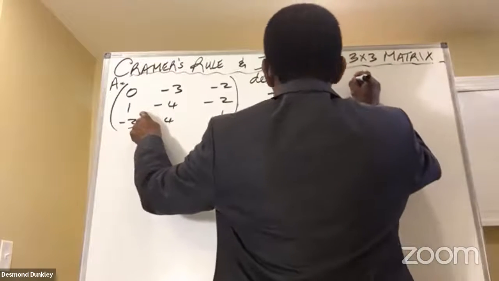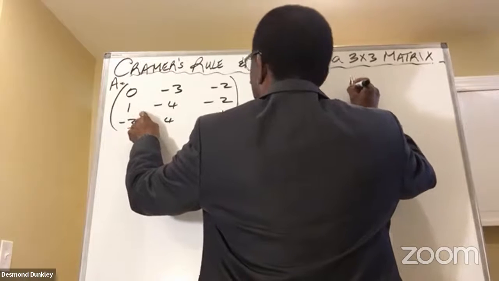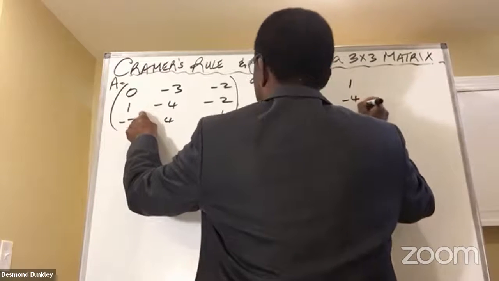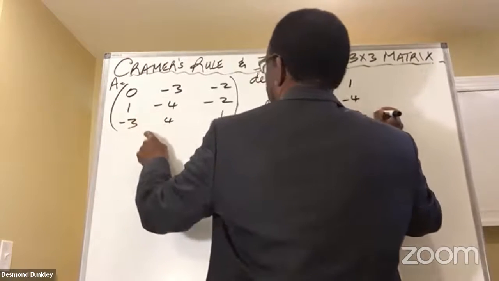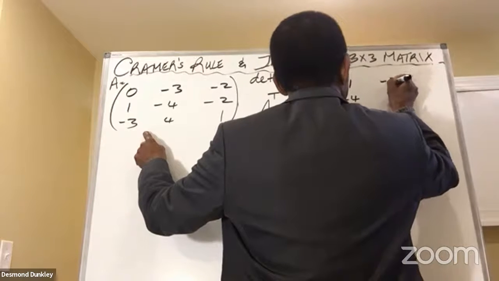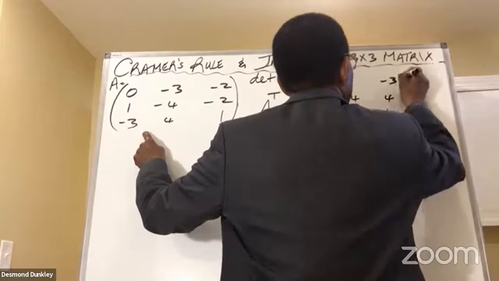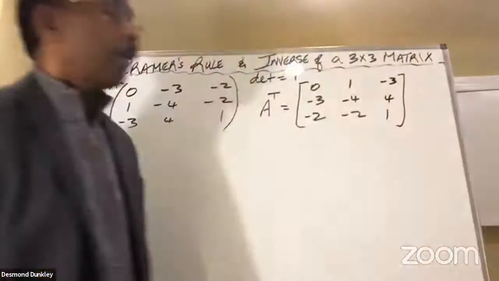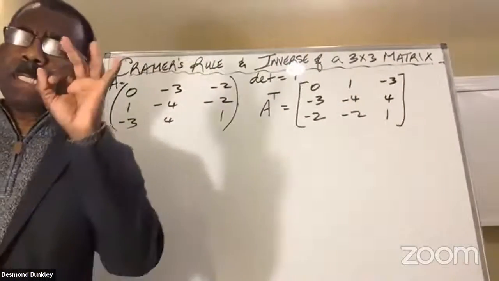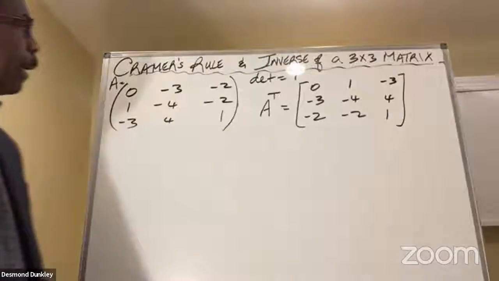The second row becomes the second column, 1, -4, -2. The third row becomes the third column, -3, 4, 1. So now we have completed the second step, so 3 steps to go, okay?